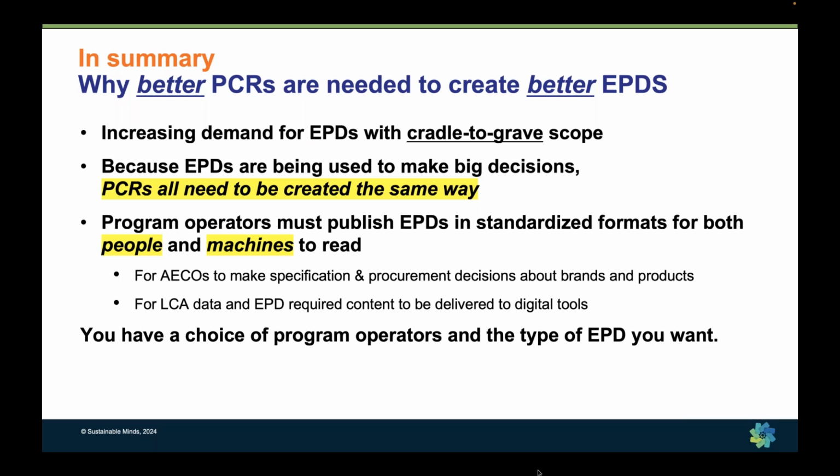Because of the demand for cradle to grave scope EPDs, PCRs must be created to report cradle to grave. Program operators must publish EPDs in standardized formats for both people and machines to read, and you have a choice of program operators. And now you can think about the type of EPD that your organization wants or needs.